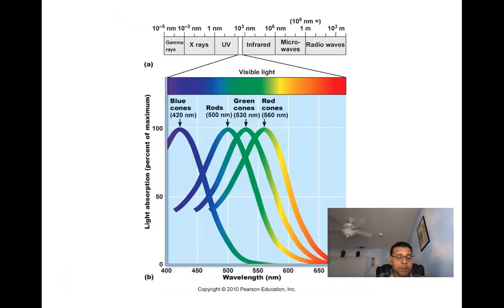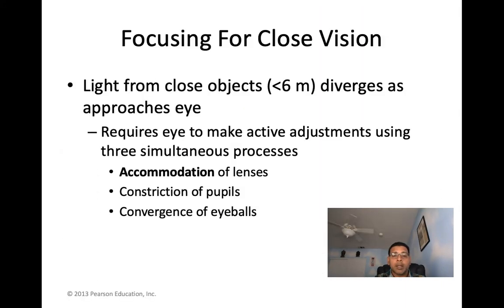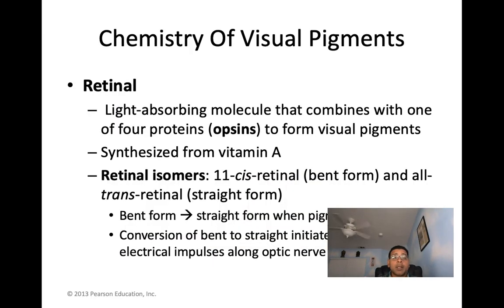Next, we'll move to the visual pigment and look at its chemistry. So let's now talk about the chemistry of our visual pigments. Here we will see that photoreceptors translate incoming light into electrical signals. But before we do that, I'd like you to know about retinol.